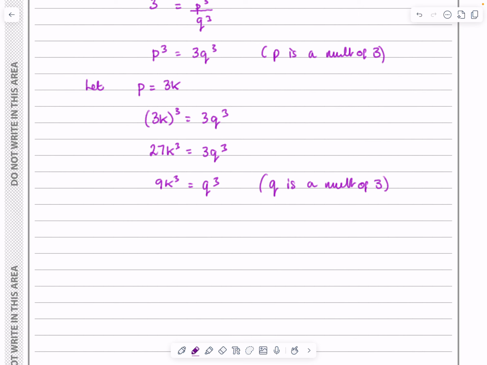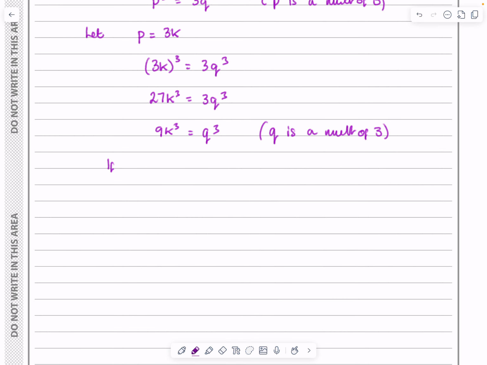And there's our contradiction. If p and q are both multiples of 3, then p over q is not in its simplest form. So that was the contradiction I was looking for.